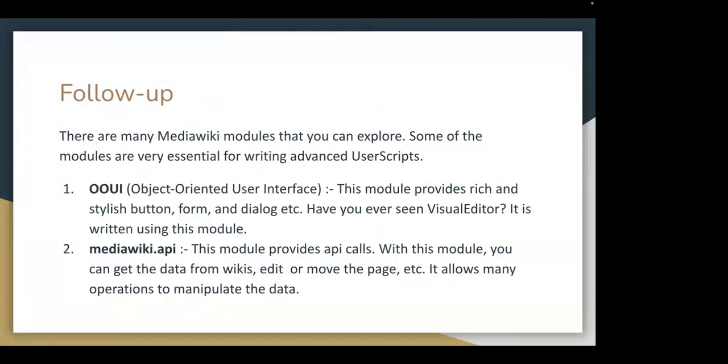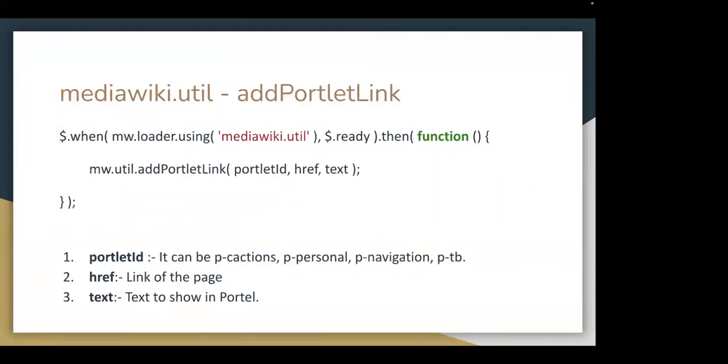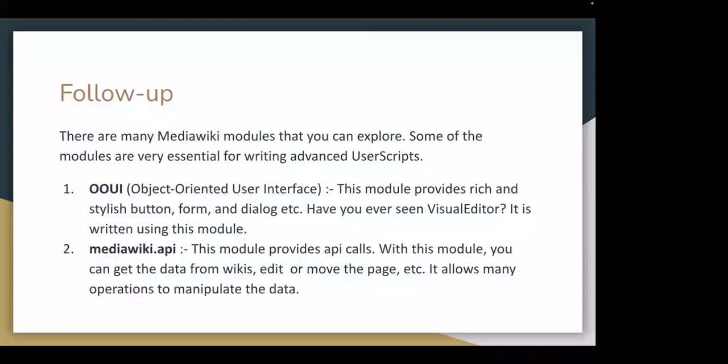And that is it for this current training, because this is just up to the intermediate level. If you want to learn more, you can do a follow-up with OOUI and the MediaWiki APIs. I think the API session will happen or already happened.